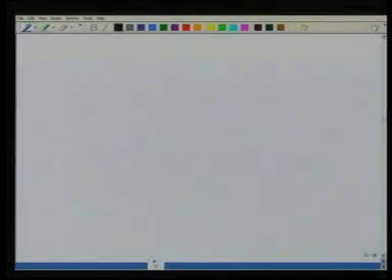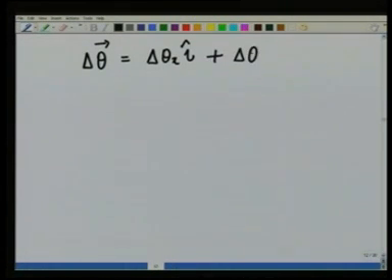So, when I take infinitesimal rotations, when the second order product delta theta x delta theta z vanishes, I can write delta theta as delta theta x about the x axis plus delta theta z about the z axis.